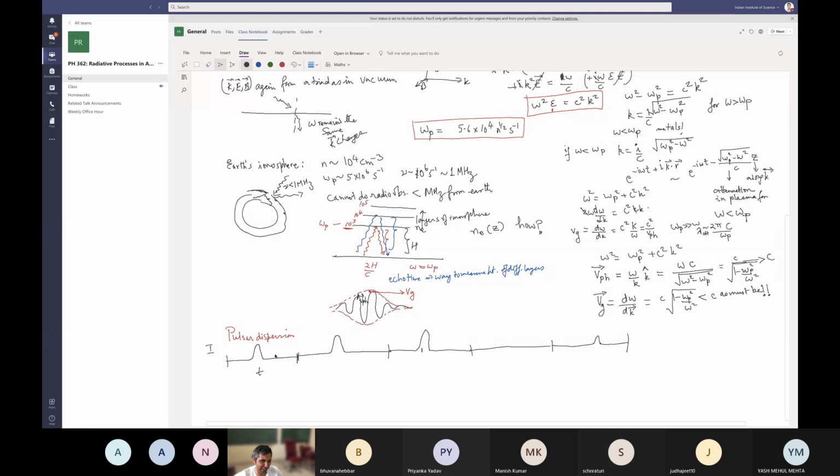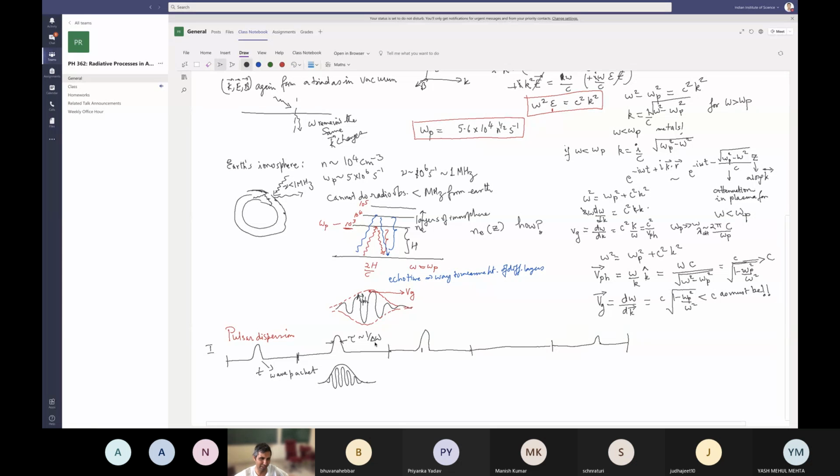If you have a pulse of radiation, this is sort of like a wave packet, right? This is in time, so you have a pulse in time, and it has some intensity of the electric field varying like this. We know that this tau, this width, scales like 1 over delta omega.